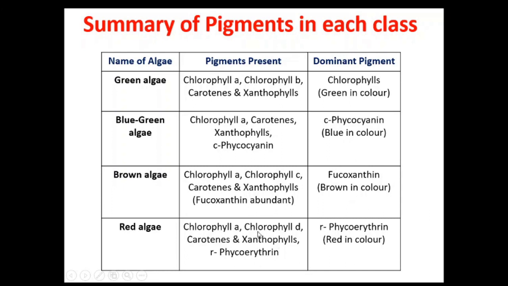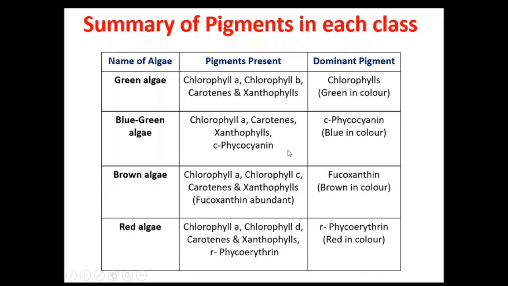Now the photosynthetic pigments in red algae. The red algae comprises the chlorophyll A, chlorophyll D, carotenes and xanthophylls, as well as R-phycoerythrin, which is a phycobilin. Now this R-phycoerythrin, which is red in color, is the dominant pigment in red algae, contributing to the characteristic red color of the red algae.